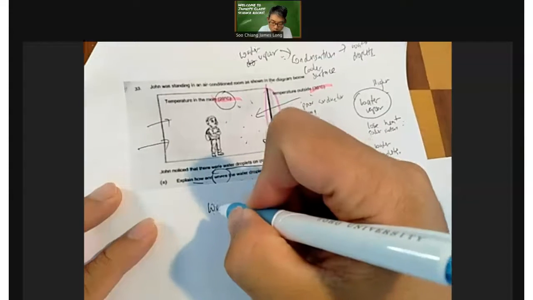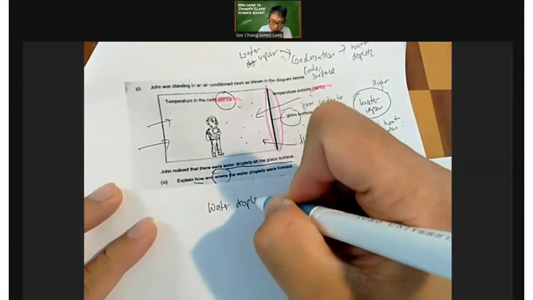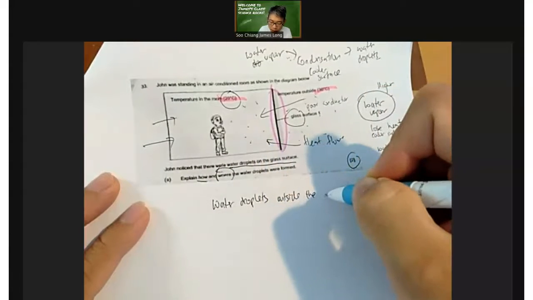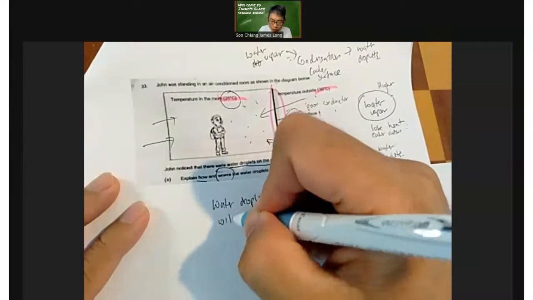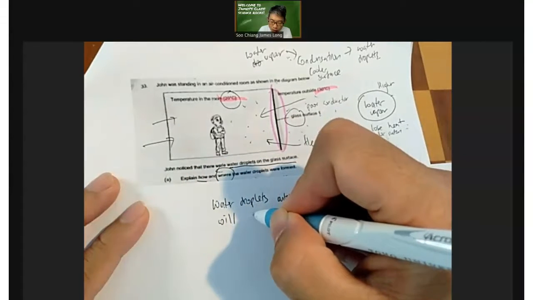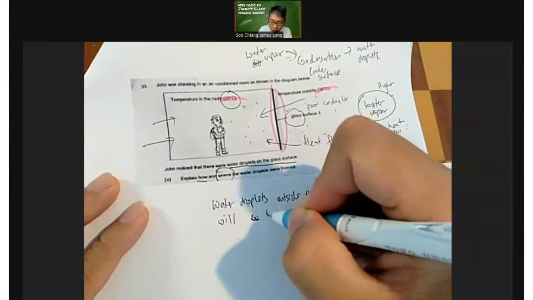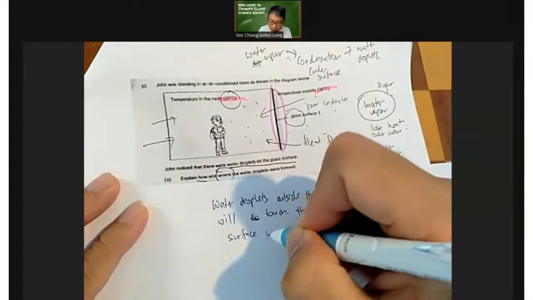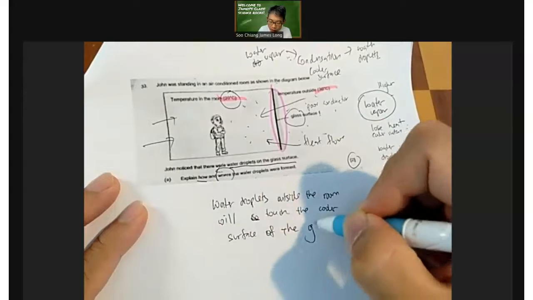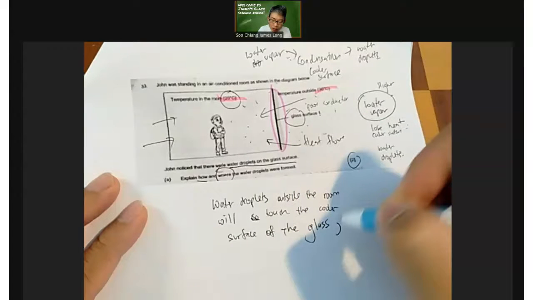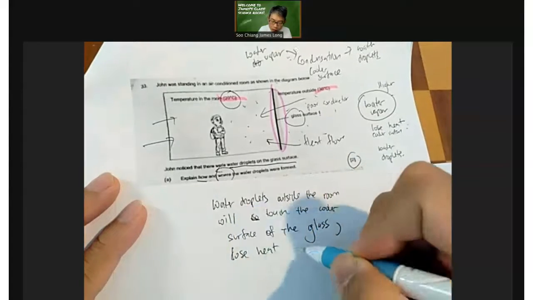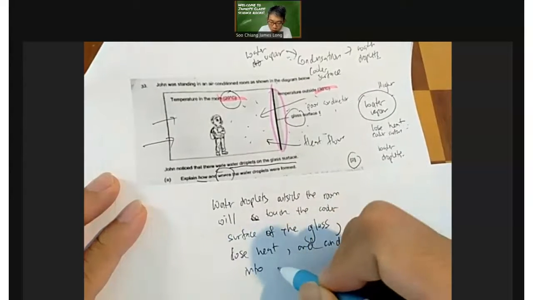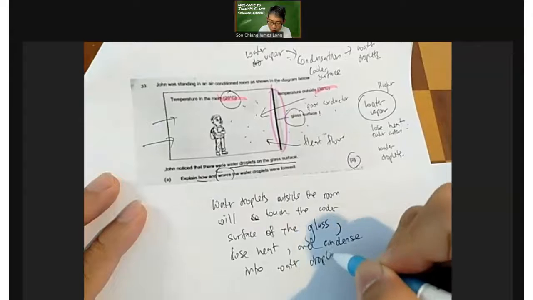So water droplets outside the room will touch the cooler surface of the glass, lose heat, and condense into water droplets.